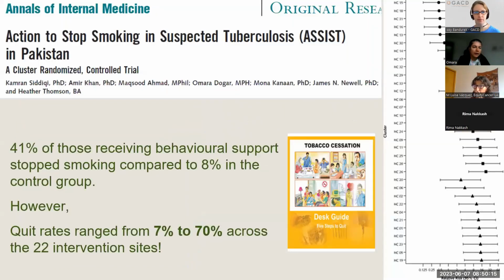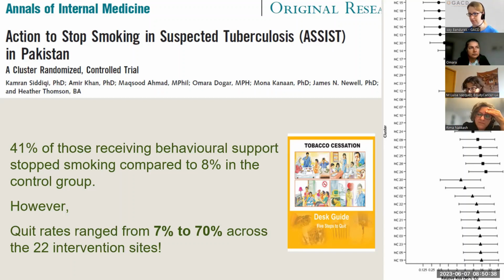So I want to start with this trial that we did in 2010 to 2012. And Professor Kamran Siddiqui, whom some of you might know, was the PI. And I was a trial coordinator on this at that time. It was a pragmatic cluster randomized controlled trial that we did in TB clinics in Pakistan.